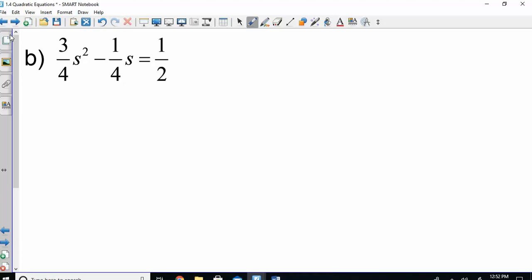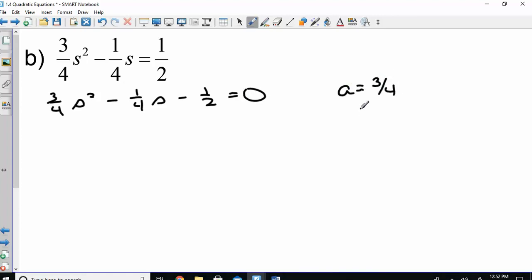Alright, I need it to be equal to 0, so bring over that 1/2. So then, my A is 3/4, my B is, and my C is, so B squared minus 4AC.